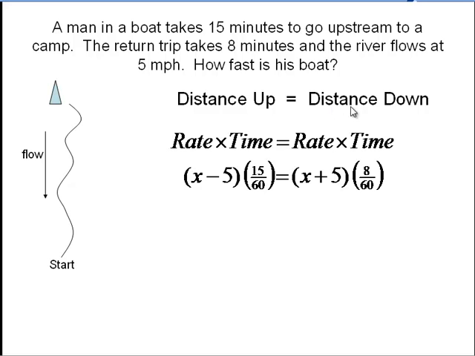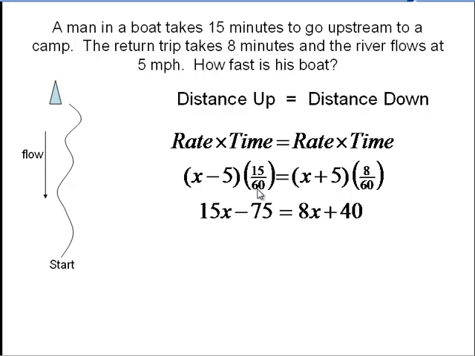And then going downstream, he gets going faster, so it's the boat plus 5, which is the boat plus the river, and the time is 8/60ths. Then if you take 15/60ths and 8/60ths, if you multiply both sides by 60, you'll have 15 times x and 15 times 5, 8 times x and 8 times 5.